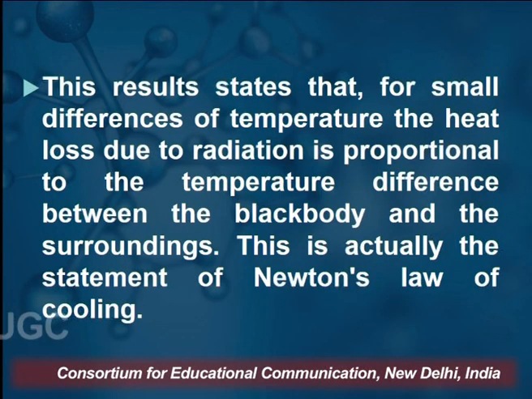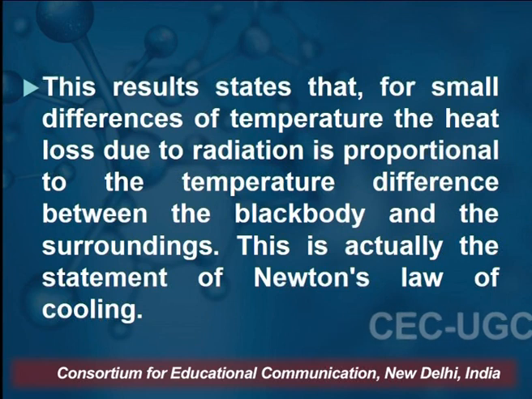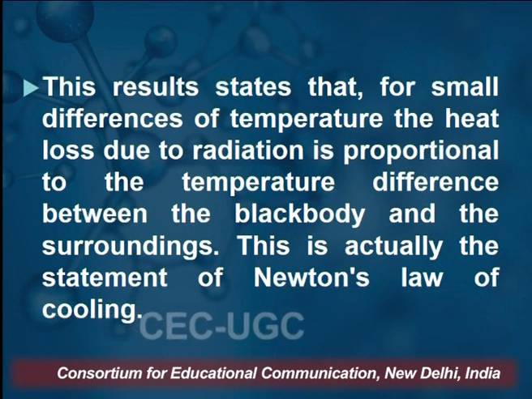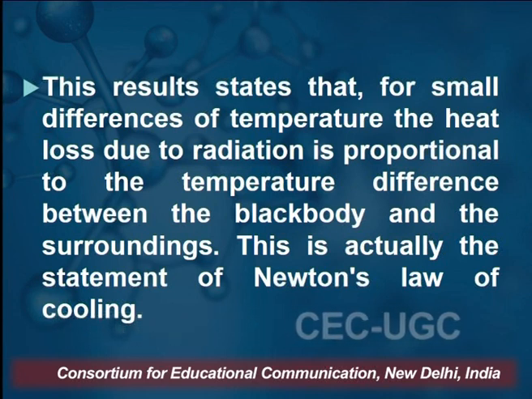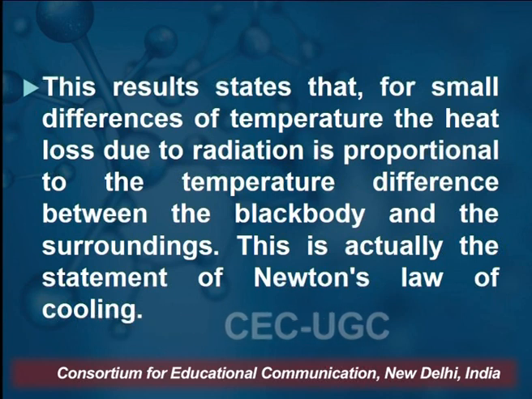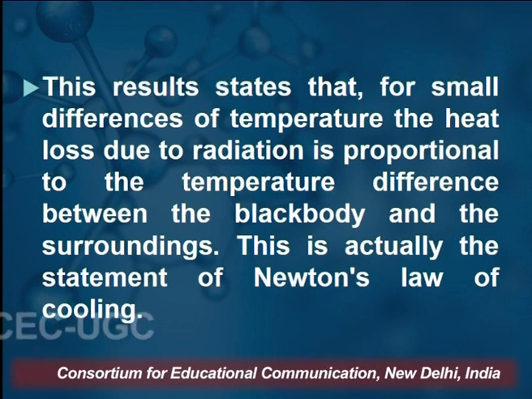This result states that for small differences of temperature, the heat loss due to radiation is proportional to the temperature difference between the black body and the surroundings. This is the statement of Newton's law of cooling. So, effectively we have seen how we can derive Newton's law of cooling from the simple statement of Stefan's law.